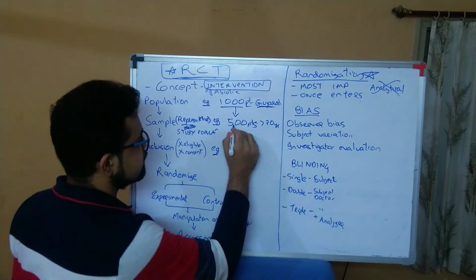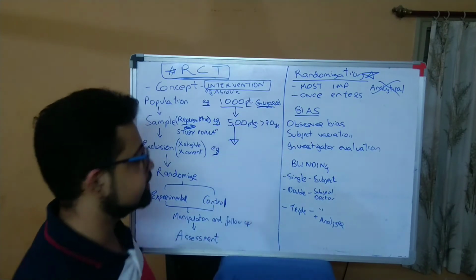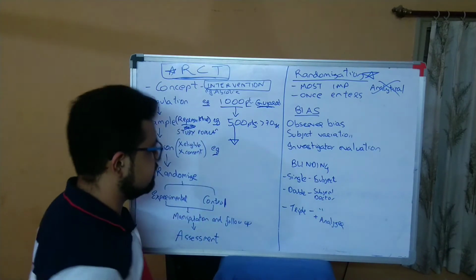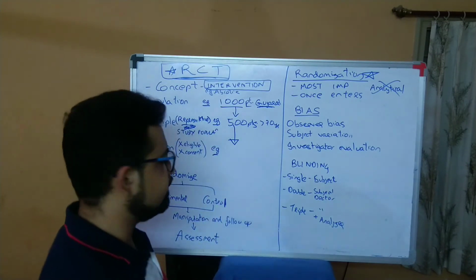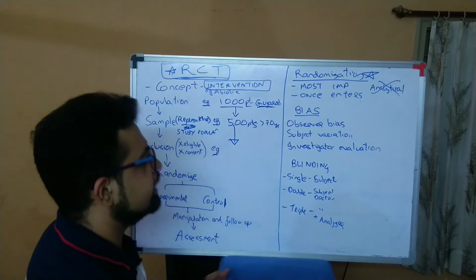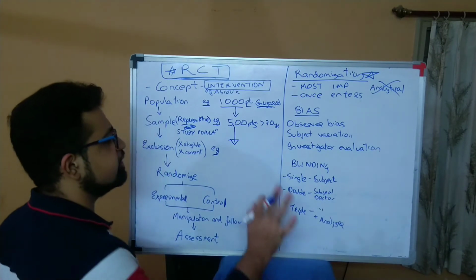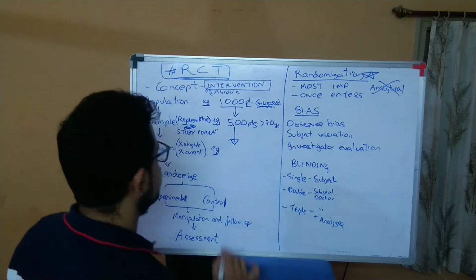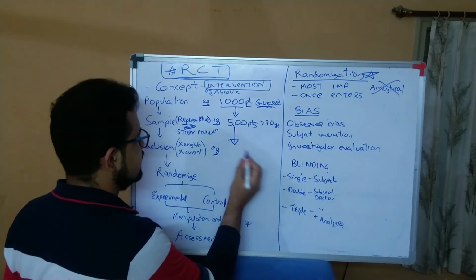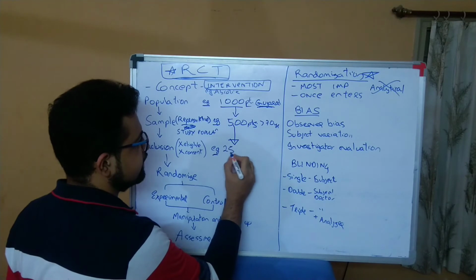The next step is exclusion. Now I still want to refine my study, right? I just want to study ICU patients, the effectivity of amphotericin in ICU patients. It turns out to be, let's suppose, 250 patients.